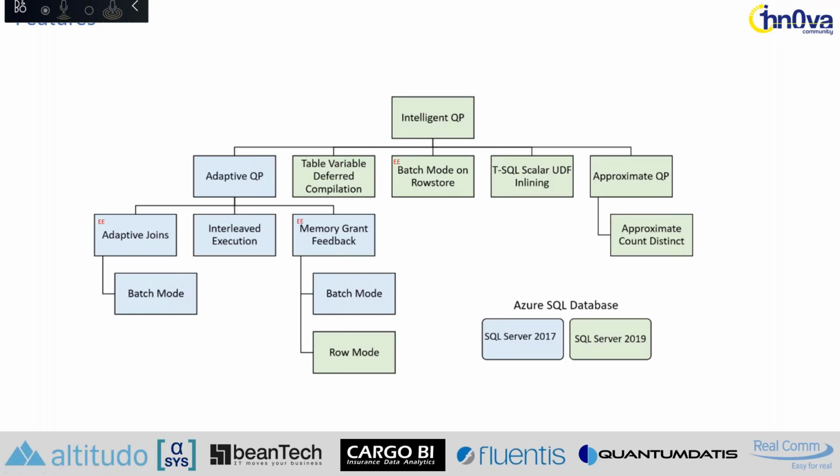All others work in all editions of SQL Server, like table variable deferred compilation, scalar UDF inlining, and so on. SQL Server 2019 added row mode as a means of execution for memory grant feedback. In SQL Server 2017, we only had batch mode for memory grant feedback.